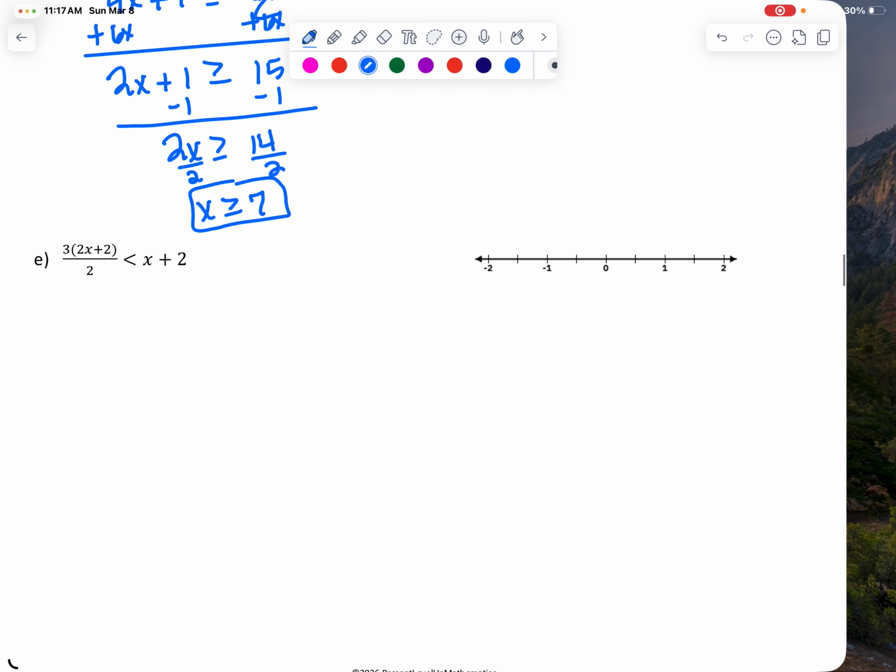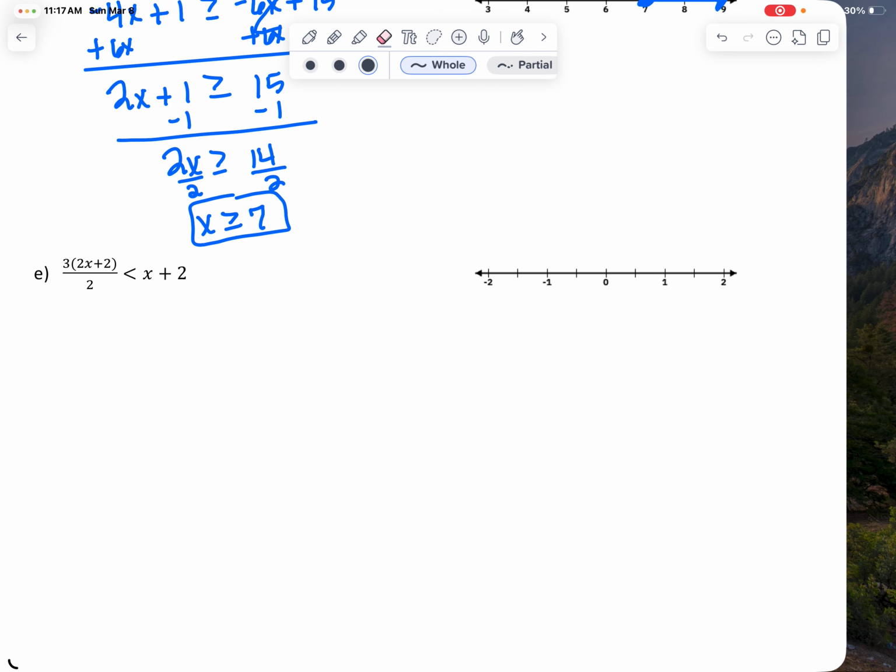All right, problem E. We have 3 times the quantity 2x plus 2, divided by 2 is less than x plus 2. Now, remember, when we're solving an equation and there's a fraction involved, let's get rid of that fraction before we begin. Now, we can get rid of that fraction by multiplying both sides by 2. So I can multiply this side by 2 and this side by 2.